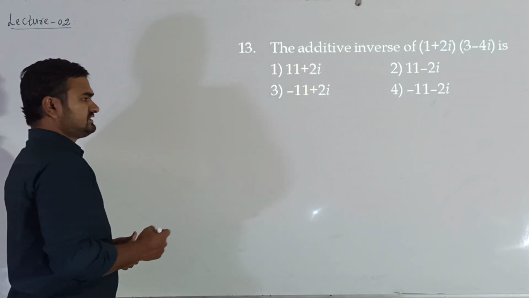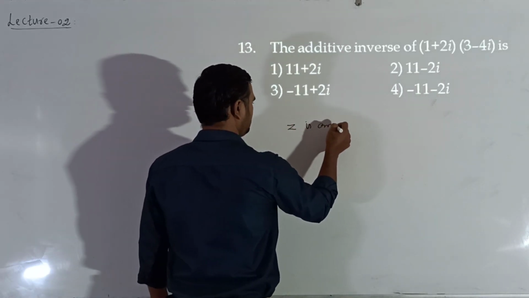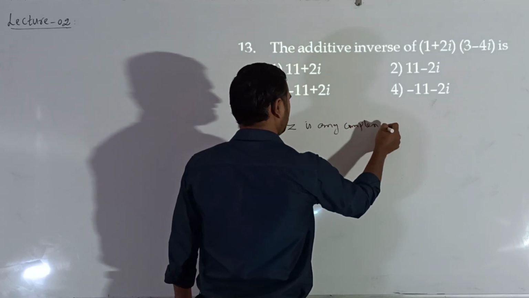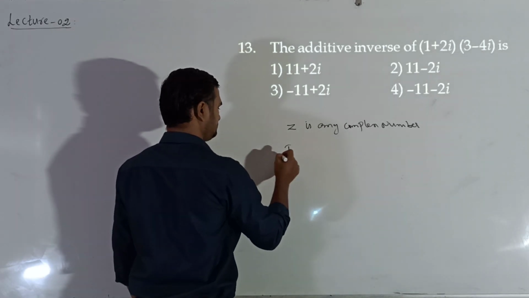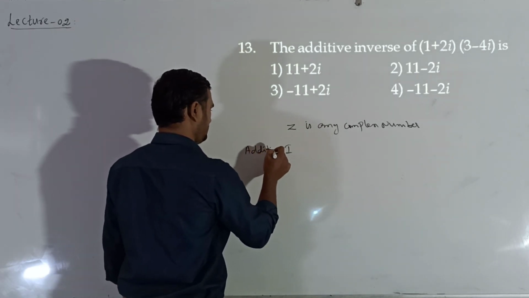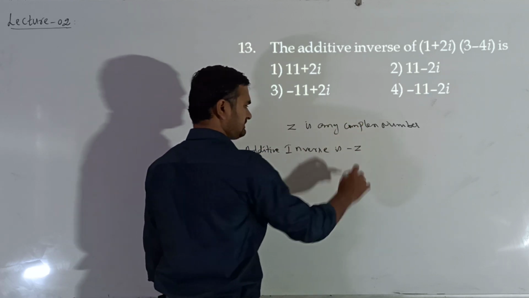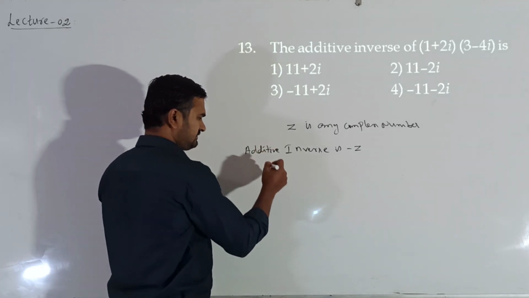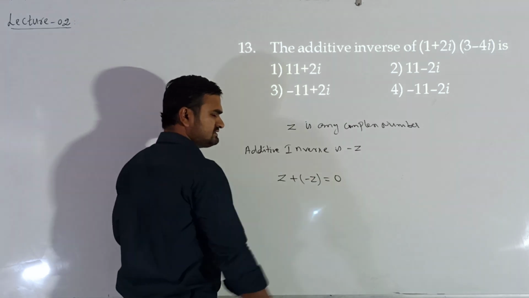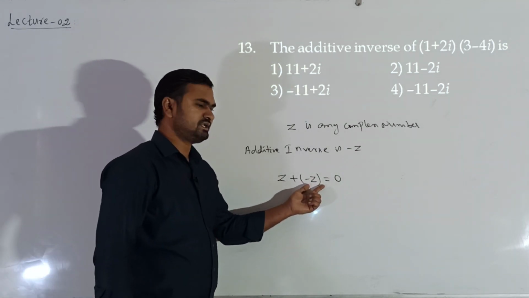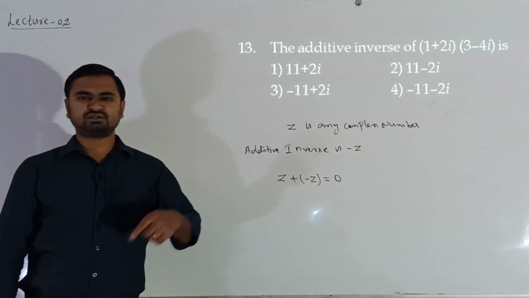If you remember, in PU part we discussed, suppose z is any complex number, then what is meant by additive inverse? Additive inverse is minus z. What is the definition of additive inverse? For the given complex number, if I add one more complex number, the sum should be 0. So this complex number is called additive inverse. So when z is any complex number, minus z is called the additive inverse.